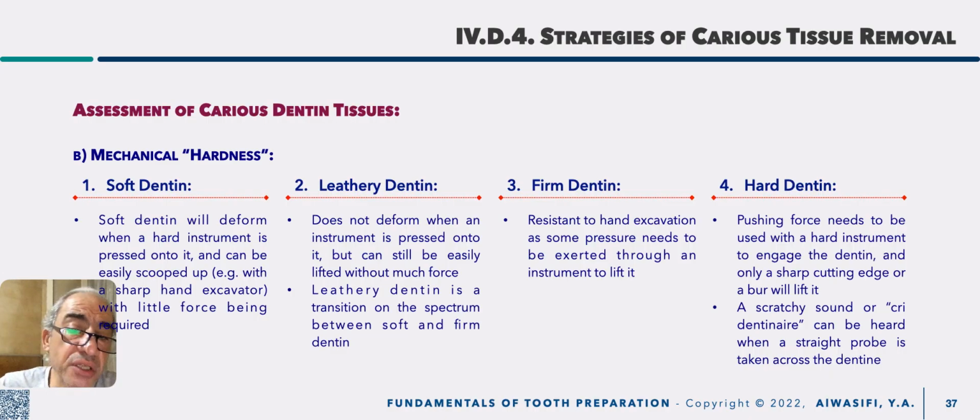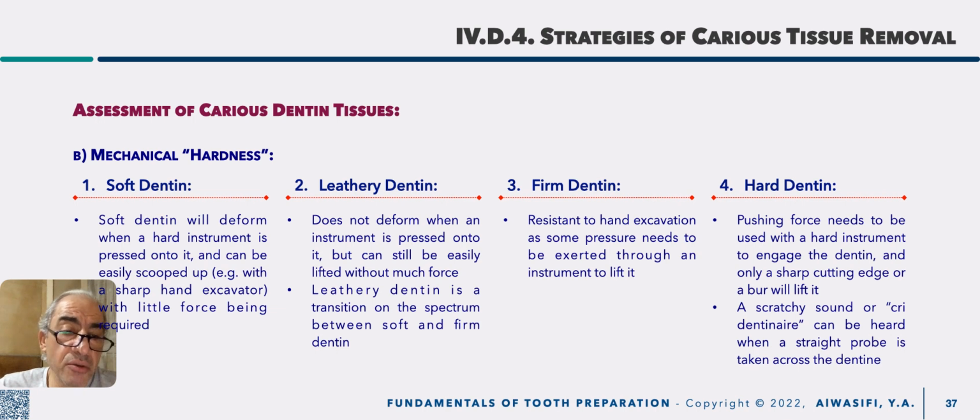How could we differentiate? Number 2, we could assess it mechanically, by hardness, how it feels when you remove it, and this determines which is infected and which is affected. You will feel 4 mechanical consistencies of dentine.